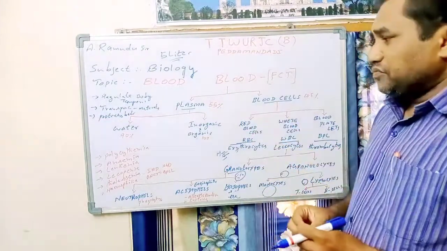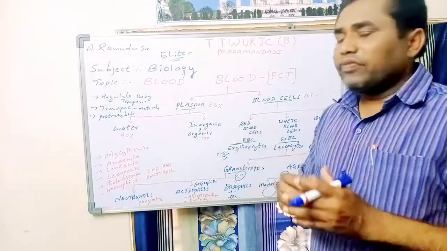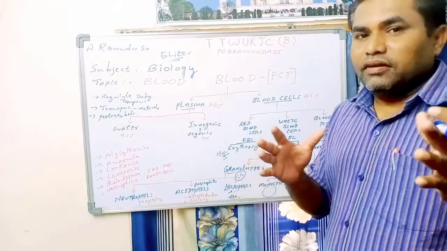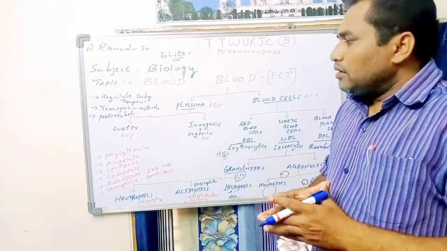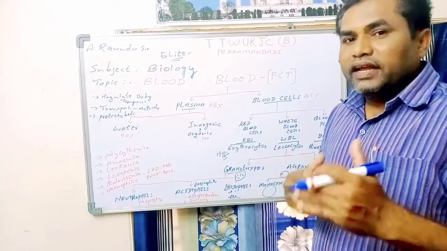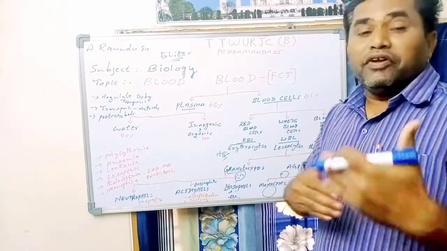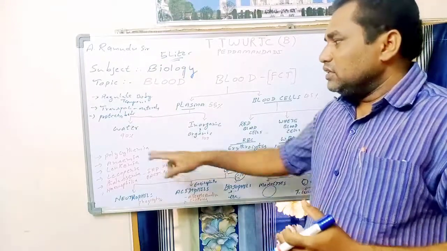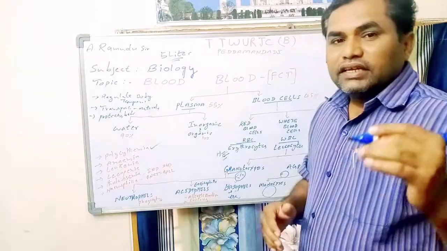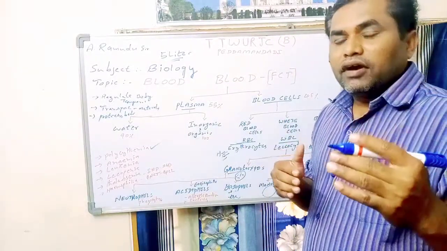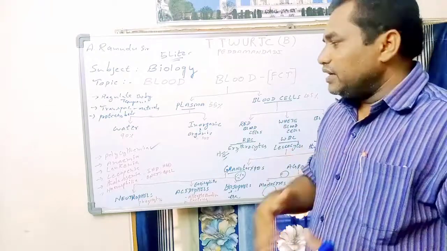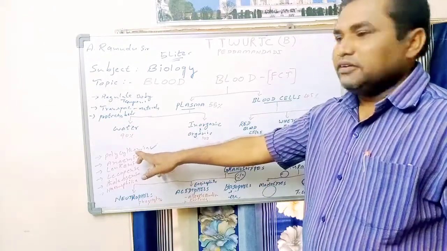Next, some disorders regarding the blood. If RBC are produced in excessive amounts, it is called polycythemia, which means increase of RBC more than required.